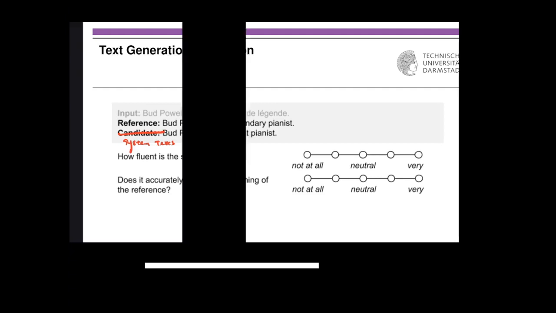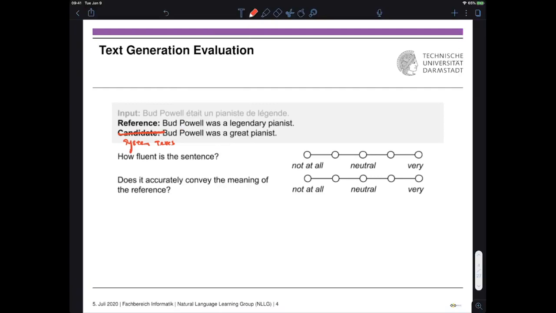And also, we want to know how fluent these system translations are, for example, whether they have ungrammatical errors. In this case, we don't need access to a human reference, and instead we just use language models to score the system translations.